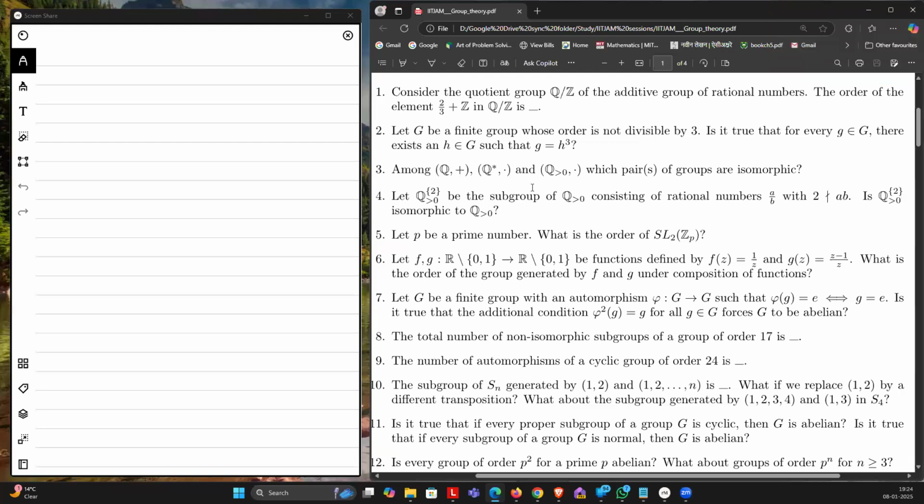Same as the previous reason: Q star has two elements of finite order and Q greater than 0 has one. Yeah. So is that fine for everybody? Q star has an extra element of order 2. It has an element of order 2, which Q positive does not. Yes. Now, what about the first and the last one?